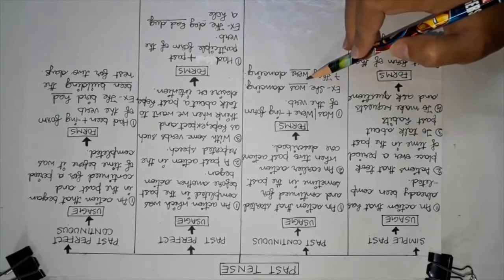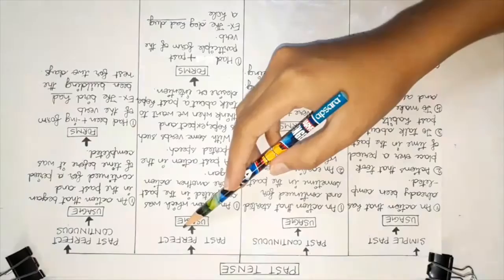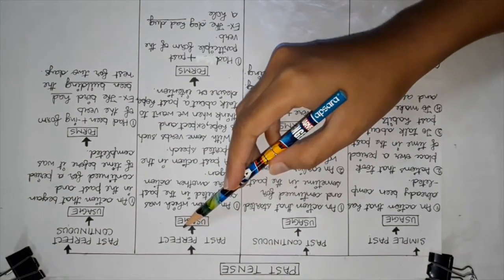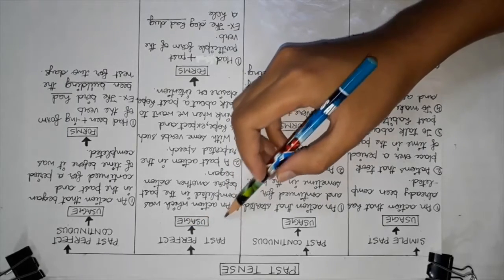Then the third form comes, past perfect tense. The past perfect tense denotes an action that was completed at a specific time in the past and before the beginning of another action. It takes the form had plus past participle form of the verb. Now let's discuss the usage for past perfect tense.